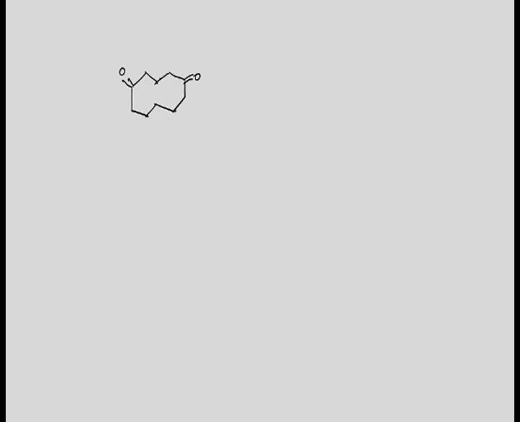So here also this is 1, 5, 1, 2, 3, 4, 5, and this is a 10-member ring. So we can give the numbering like 1, 2, 3, 4, 5, 6, 7, 8, 9, 10. And now if you put sodium hydroxide, what will be the product?